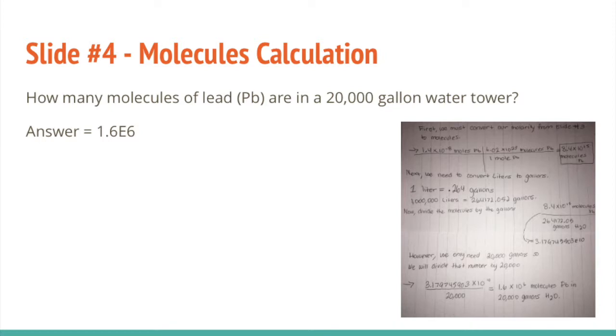So now we are going to divide the molecules by the gallons. So by doing that, we get a large number, which is 3.179745903 times 10 to the 10th. However, we only need 20,000 gallons, so we will divide that number by 20,000, which gives us 1.6 times 10 to the 6th molecules of lead in the 20,000 gallon water tower.